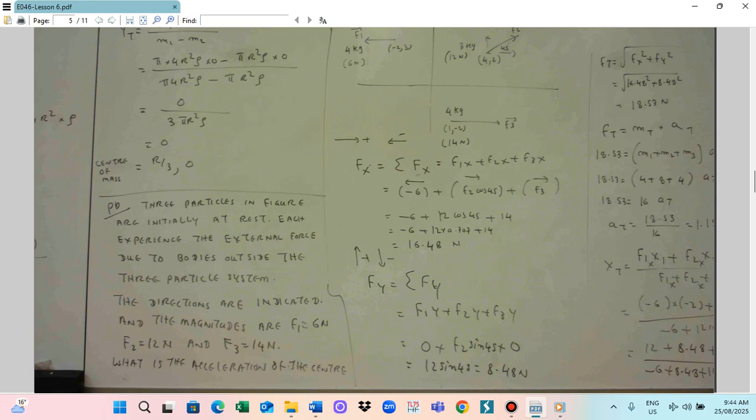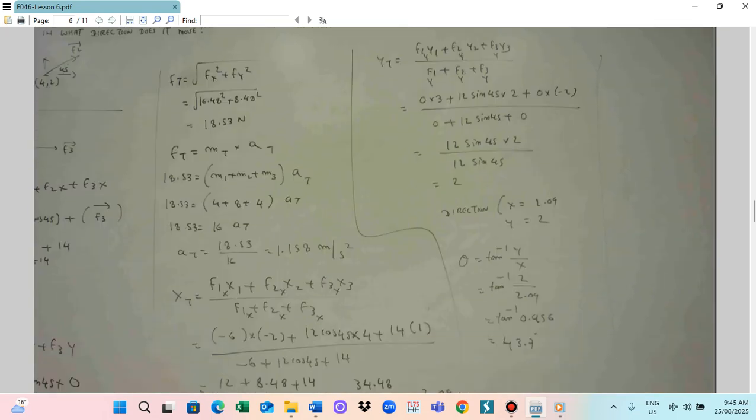F2y you can calculate as F2 into sine 45. F3y is also 0. So F2y is 12 multiplied by sine 45, which is 8.48 Newton. So this is for Fx and Fy we calculate.